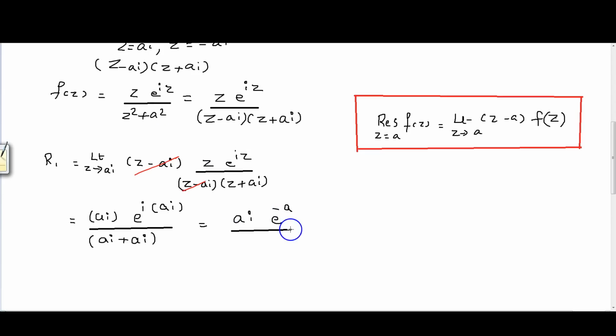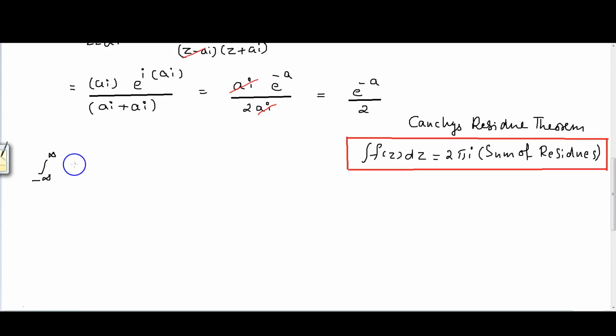Then ai into e raised to minus a by ai plus ai, which is 2ai. Cancelling ai terms, we get the residue e raised to minus a by 2.